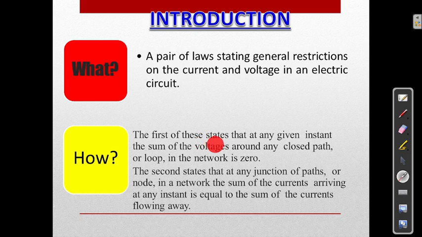The first states that at any given instant, the sum of voltages around a closed path or loop in a network is zero. The second states that at any junction of paths or node in a network, the sum of the current arriving at any instant is equal to the sum of the current flowing away. These are, in simple terms, Kirchhoff's laws.